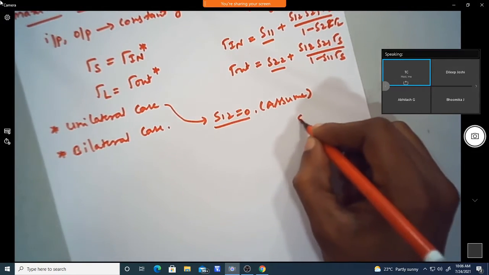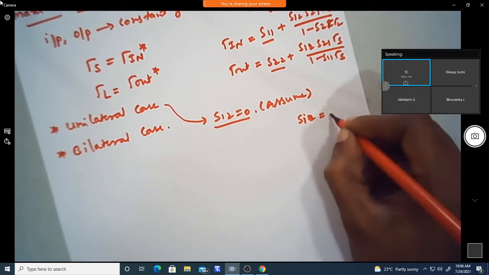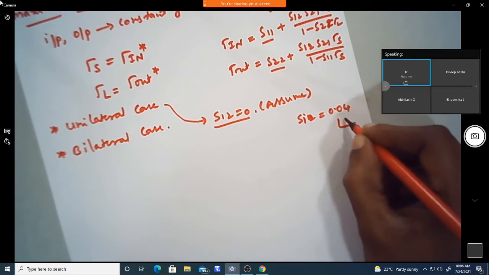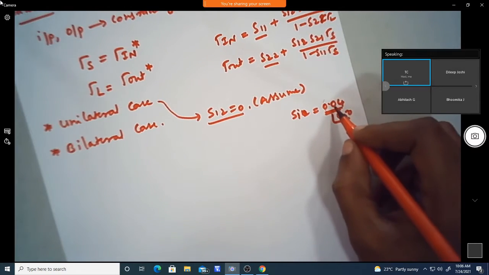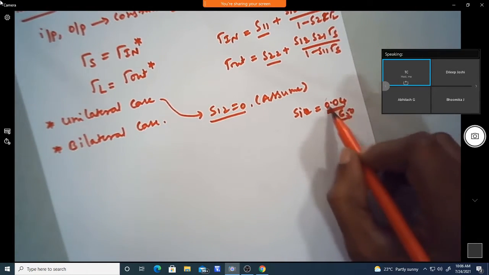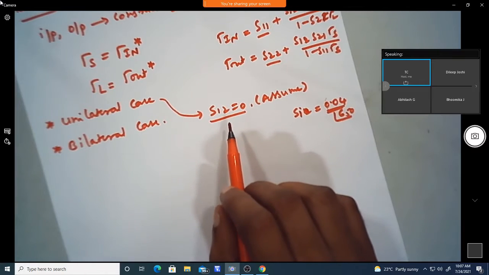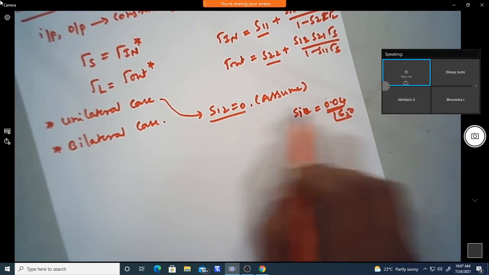For example, S12 is something like 0.04 at an angle of 65 degrees. Since this value is much smaller compared to 0, we can approximate it as 0.